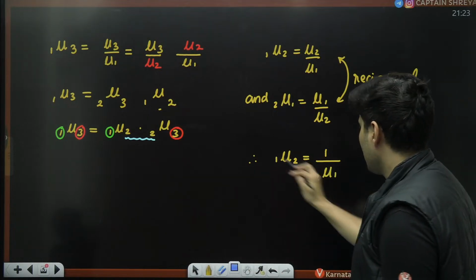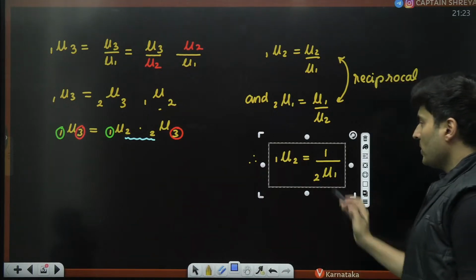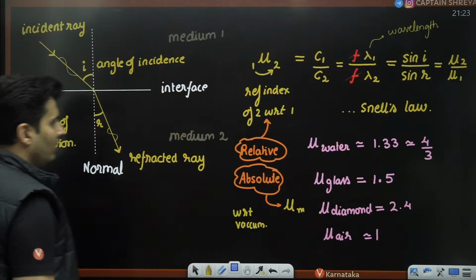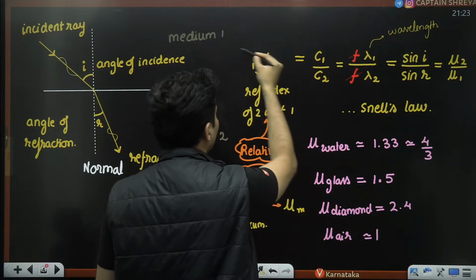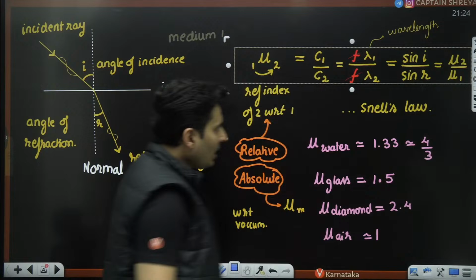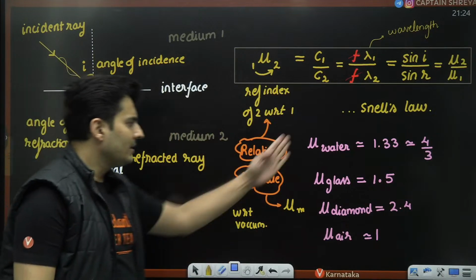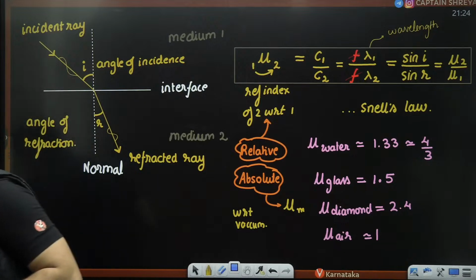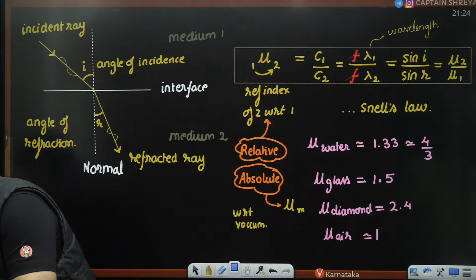So let us just block whatever important formulas are there. This is one of them. This is another one of them. Obviously, this whole thing was very, very important: Snell's law in its extended form. And these are some common refractive indices of certain materials. Thank you, Kishore Mani. Should we remember all the values?